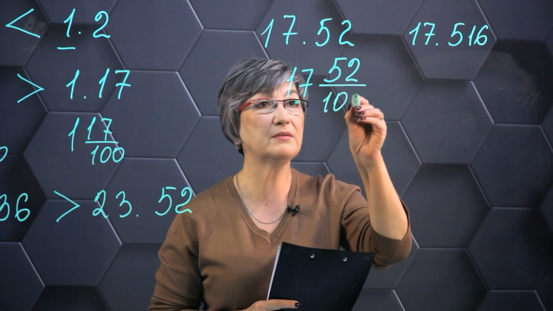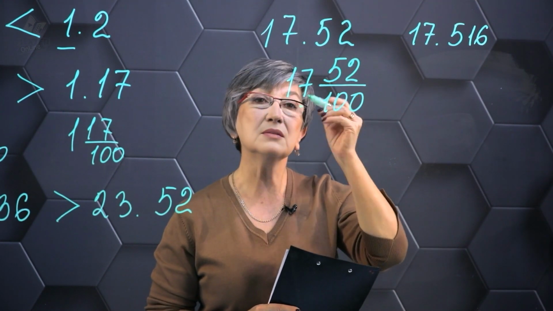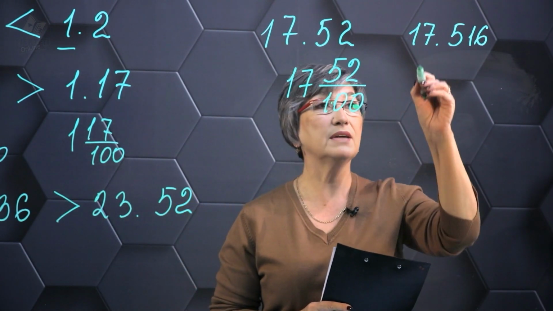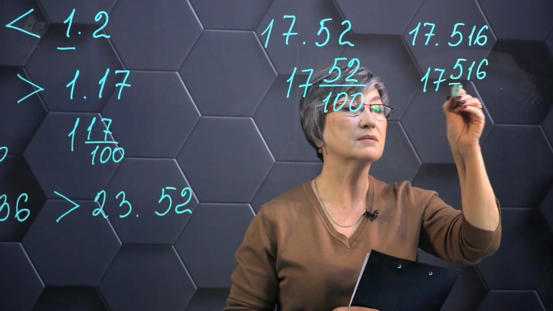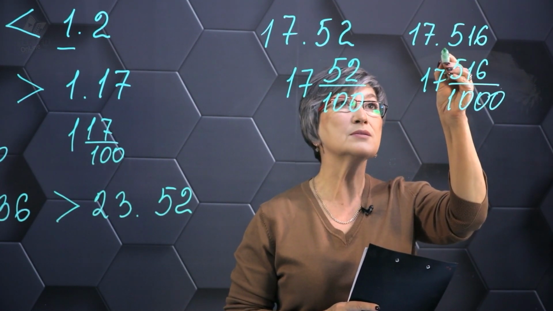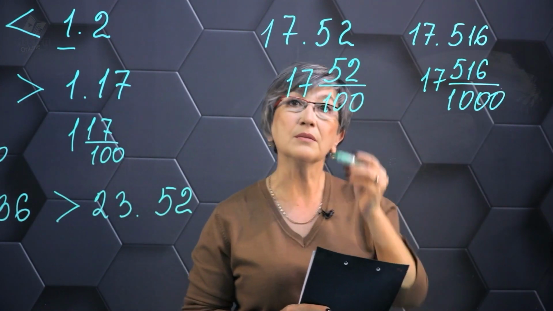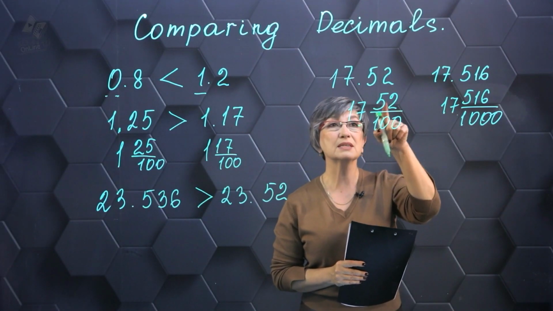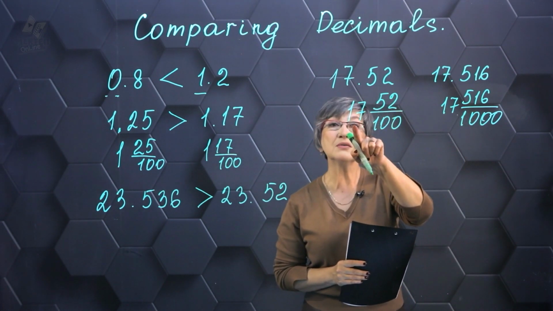Let's check. 2 decimal places after the point, 2 zeros in the denominator. That's right. And in this case, 17 whole 516 thousandths. After the decimal point, we have 3 digits. In the denominator, we have 3 zeros. So we've got it. 17 whole 52 hundredths and 17 whole 516 thousandths.